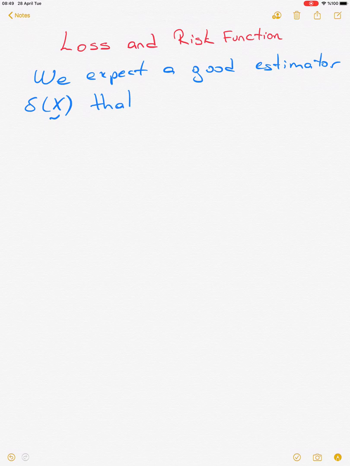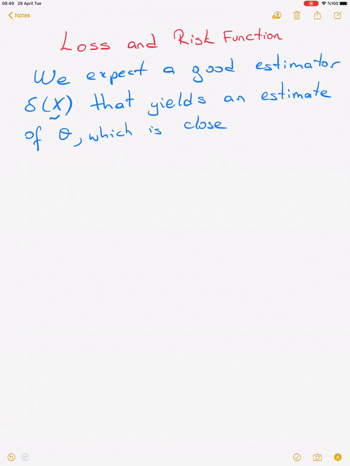Okay, that yields an estimate of theta which is close to the actual value of theta.